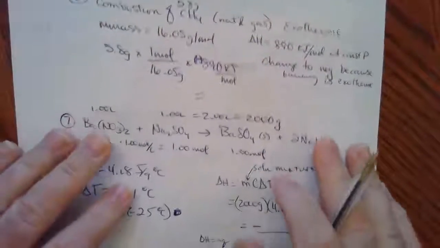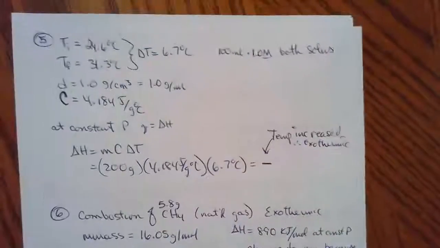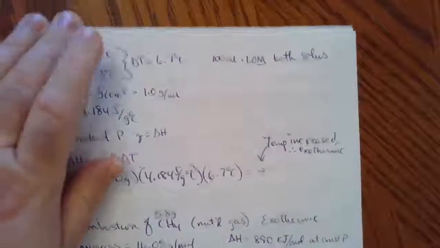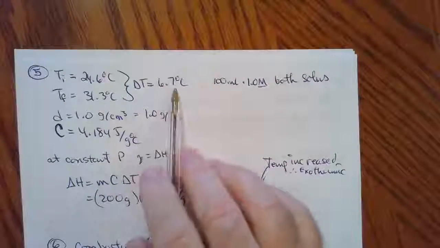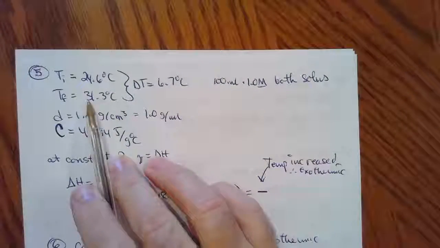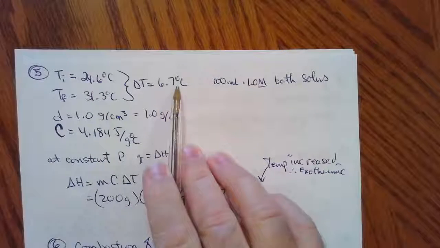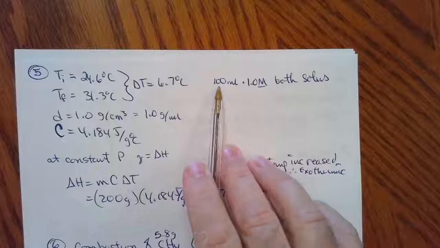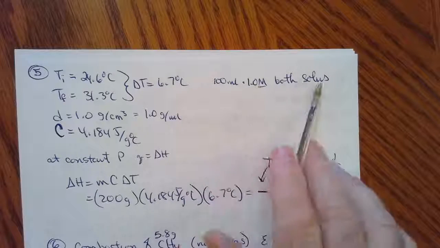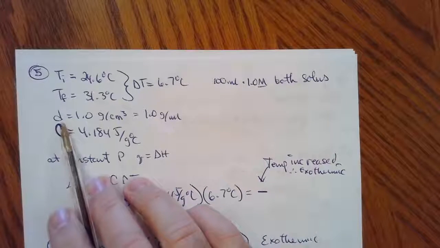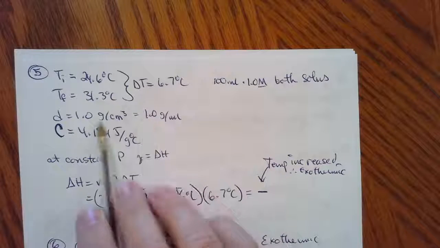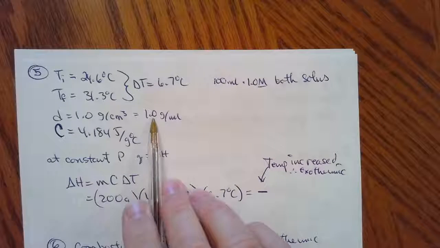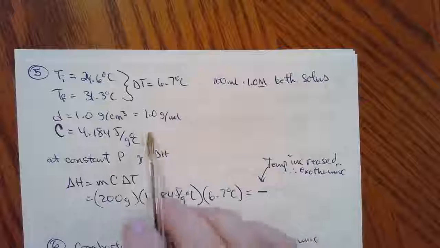Number 8, moving right along. They give us an initial and a final temperature. We can find delta T from that. If it ended at 31 and started at 24, you subtract, you get 6.7. Both of the solutions were 100 milliliters at 1 molar. The density it gave us as 1 gram per cubic centimeter, which is the same as 1 gram per milliliter, which means it's mostly water.